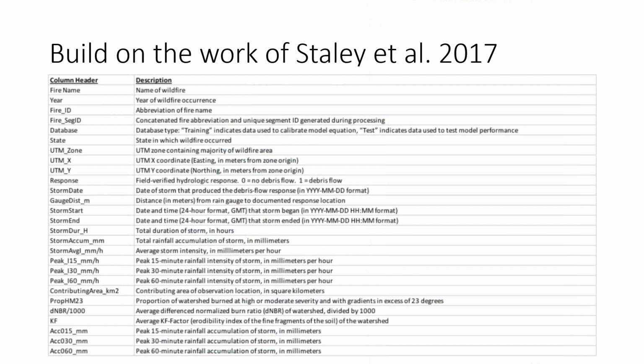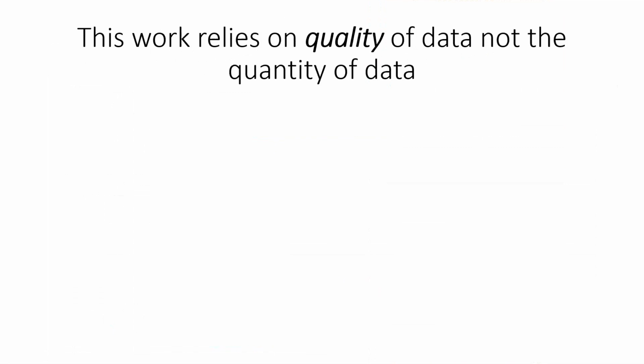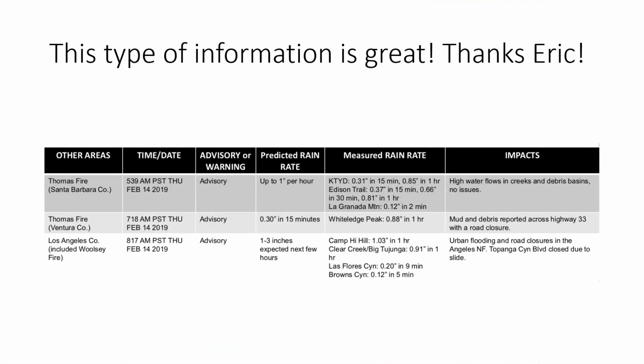So we'd like to expand that database. And again, just to reemphasize what Dennis already said, this work relies heavily on the quality of the data, not just the quantity. So really good understanding of where debris flows happen and don't is crucial. Here's an example of some information that's really great.